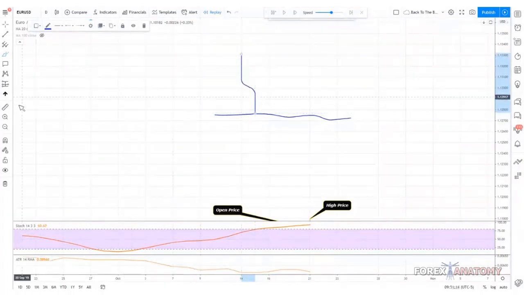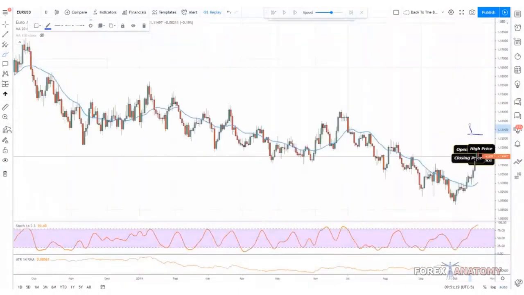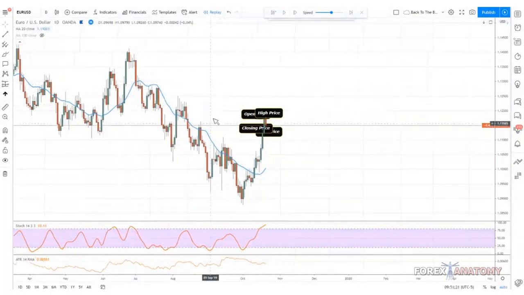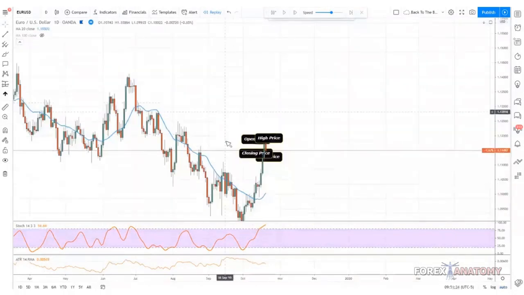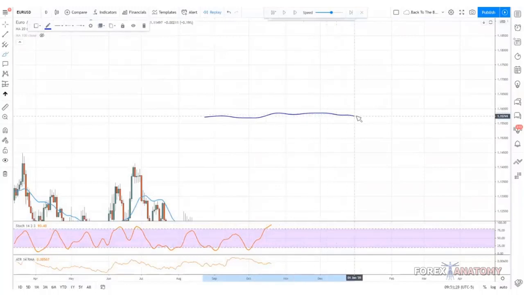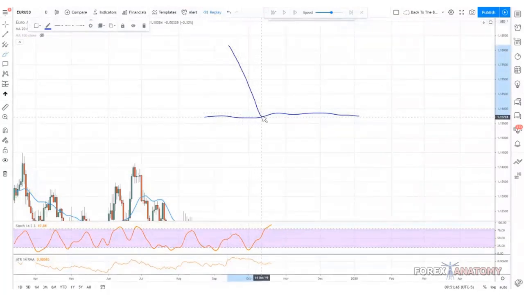Let me zoom out a little bit, and let me delete this and do this over again. Let's say you had a ball and you bounced it on the floor. What do you expect to happen to that ball when it hits the floor? You expect that ball to bounce higher. So if you bounce a ball on the floor, you expect it to bounce up, right?